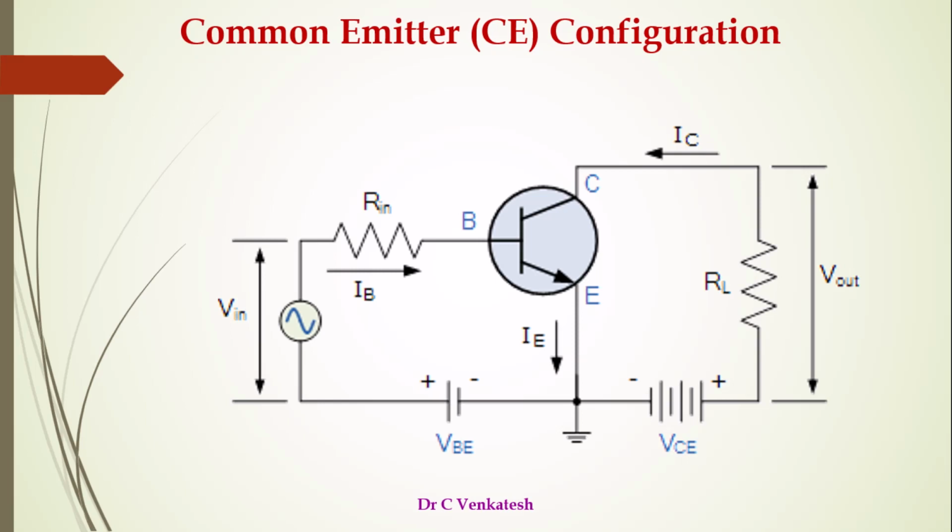The common emitter amplifier configuration produces the highest current and power gain of all the three bipolar transistor configurations. This is mainly because the input impedance is low, as it is connected to a forward biased PN junction, while the output impedance is high, as it is taken from a reverse biased junction.